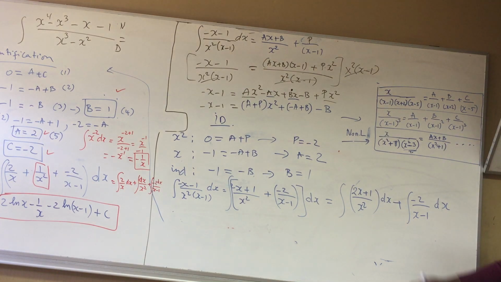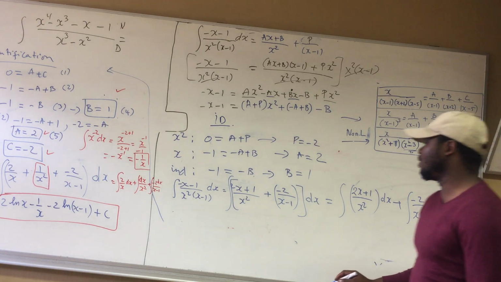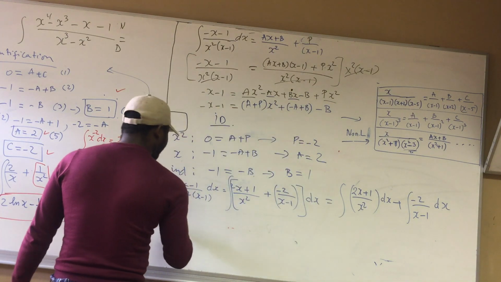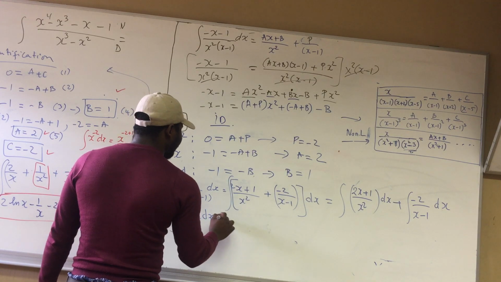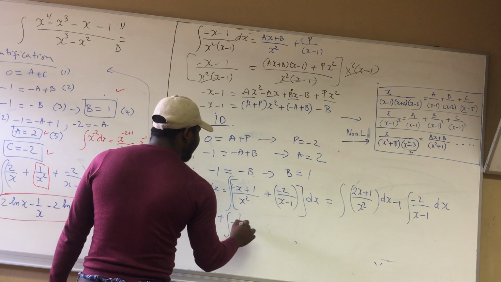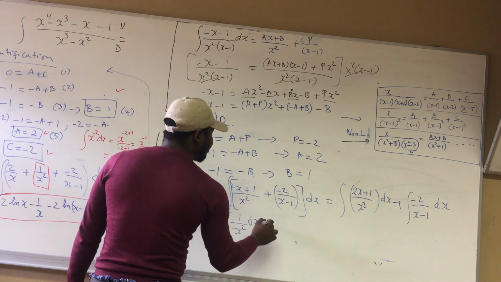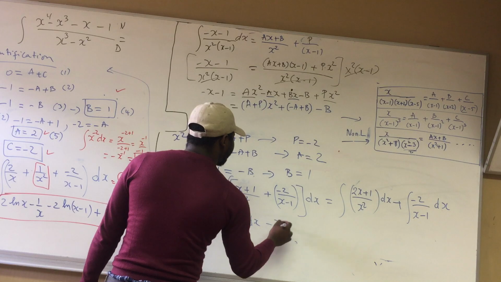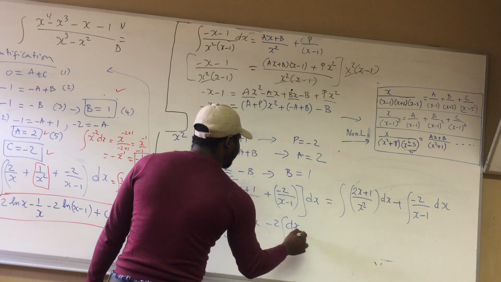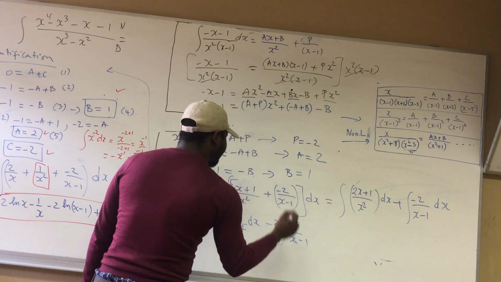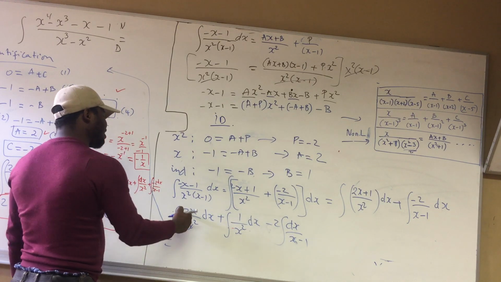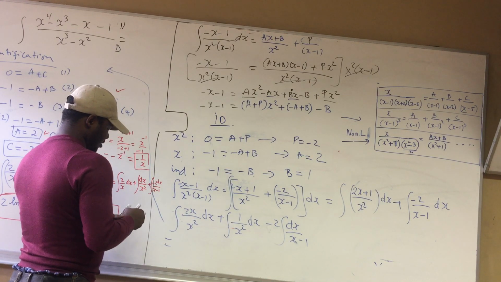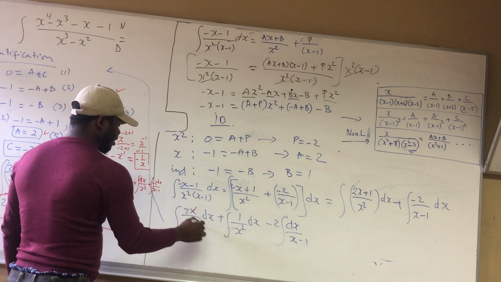This you can separate. This will be the integral of 2x divided by x squared dx plus the integral of 1 divided by x squared dx, plus, I can take -2 in front of the integral sign, and then 1 over x - 1. You can clearly see the x cancels out with this.